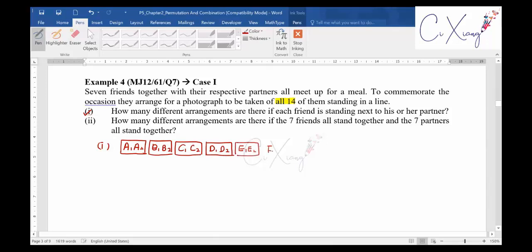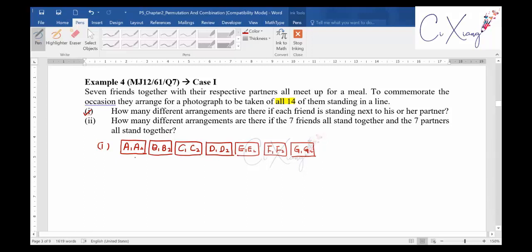Then E, F, and G. So I have 7 groups here. Correct? Not 7 friends, but 1, 2, 3, 4, 5, 6, 7 groups. I assume that all the 1s are the friends, so all the 2s, A2, B2, C2, D2, and so on, are their partners.